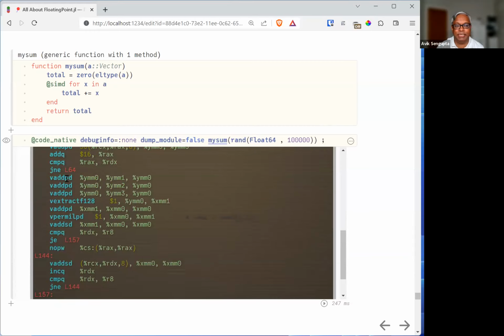So you have 3 VAdd PDs, one after the other, and that basically adds many more numbers in one loop, and that again speeds things up.